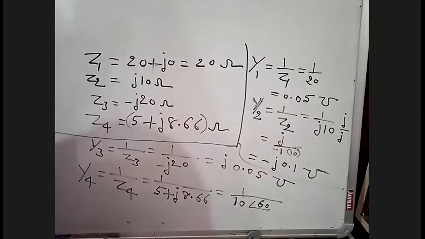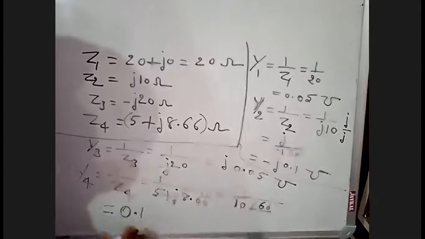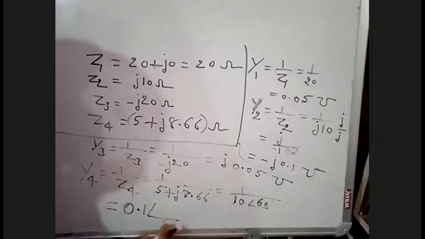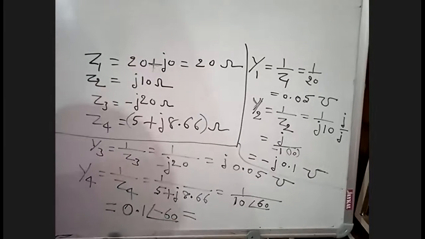Now Y4 is 1 by 10, which is 0.1, at an angle minus 60. Convert this to rectangular form.